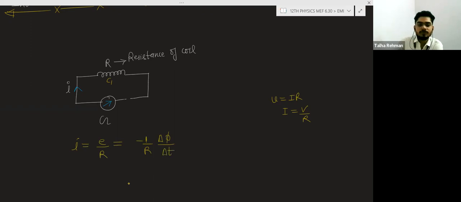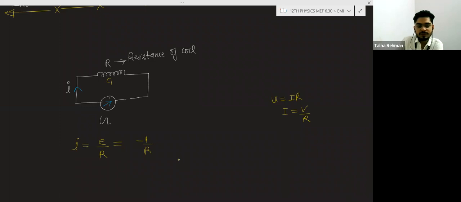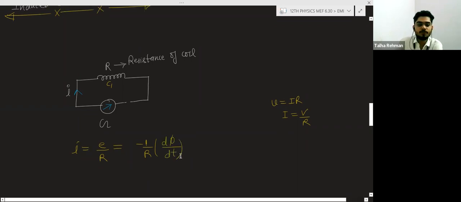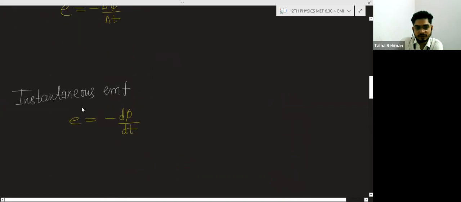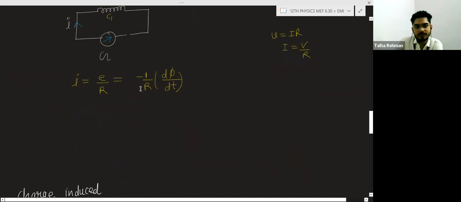This is the average induced current. Instantaneous induced current will be minus 1 by R d phi by dt. You have put the value of this E here in this formula, and you will get this.